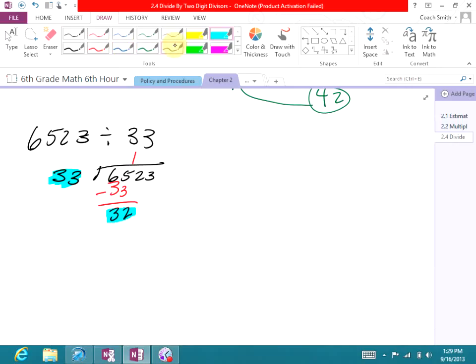I'm going to bring down my 2, and I've got 33 into 322. Okay? Well, I can look at the 3. 3 goes into 32 how many times? 3 into 32?